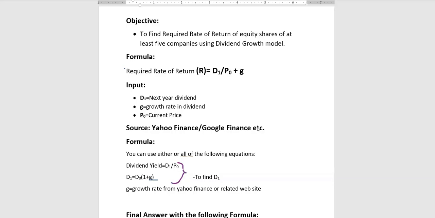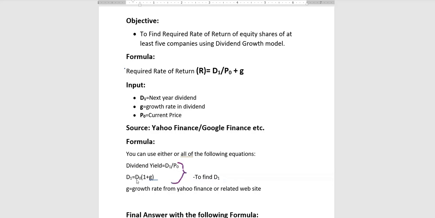To get the value for next year's dividend, you can use either or all of the following equations. Dividend yield is next year's dividend divided by P0, so you need the current market price, and if you have the dividend yield data, you can easily find next year's dividend.